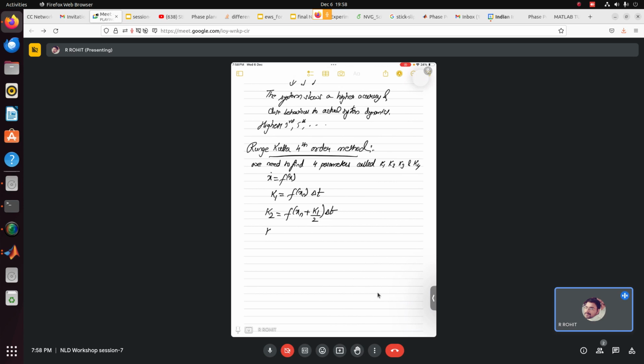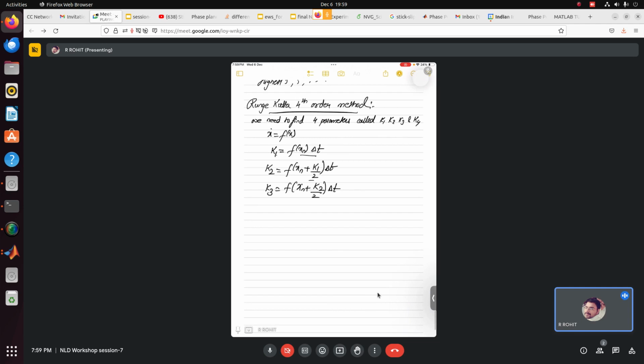K3 is defined as f of x_n plus K2 by 2 times delta t, and K4 is f of x_n plus K3 times delta t.